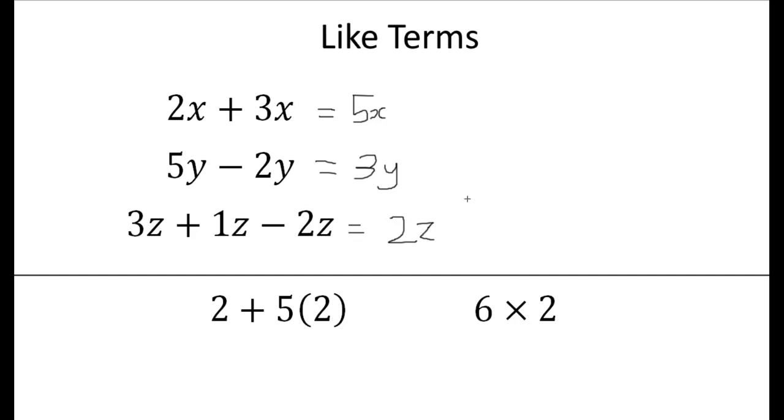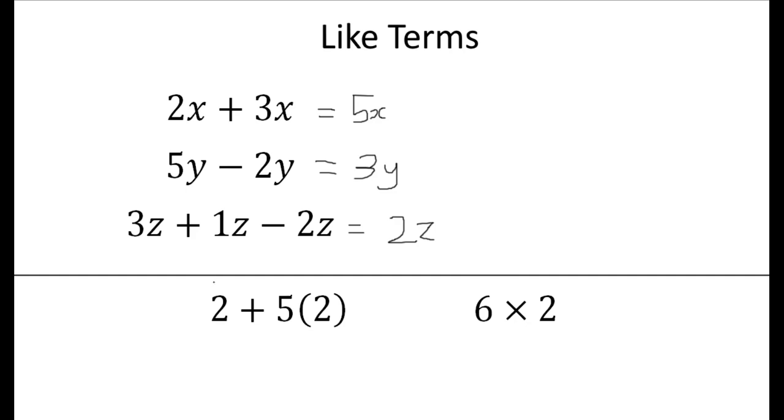Now, the reason why this works, it can be explained down here with this little short example. So, let's say in this case we make one of the variables 2. So we now know, let's say, that x is equal to 2, for a different expression.